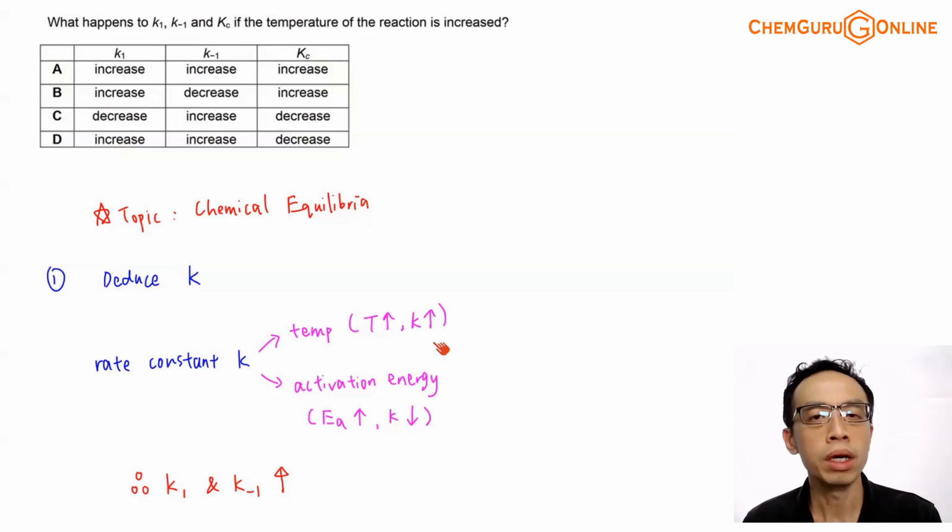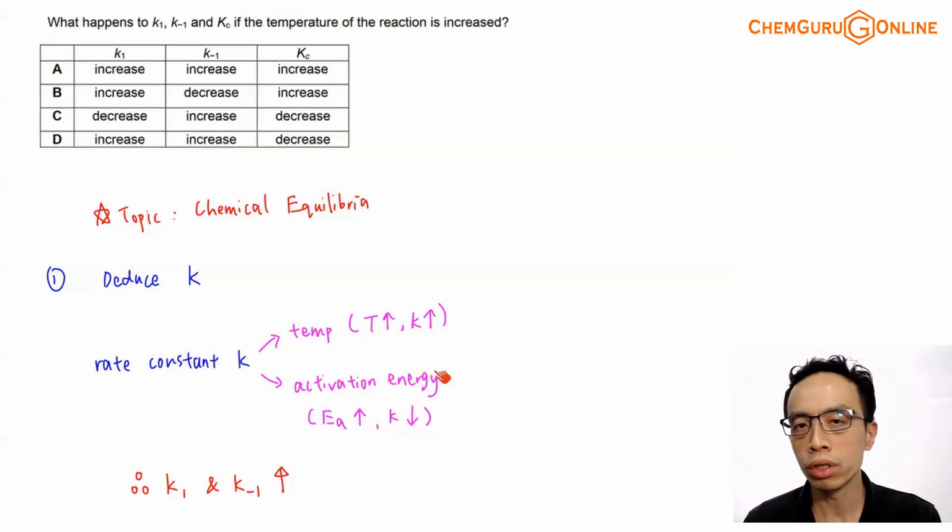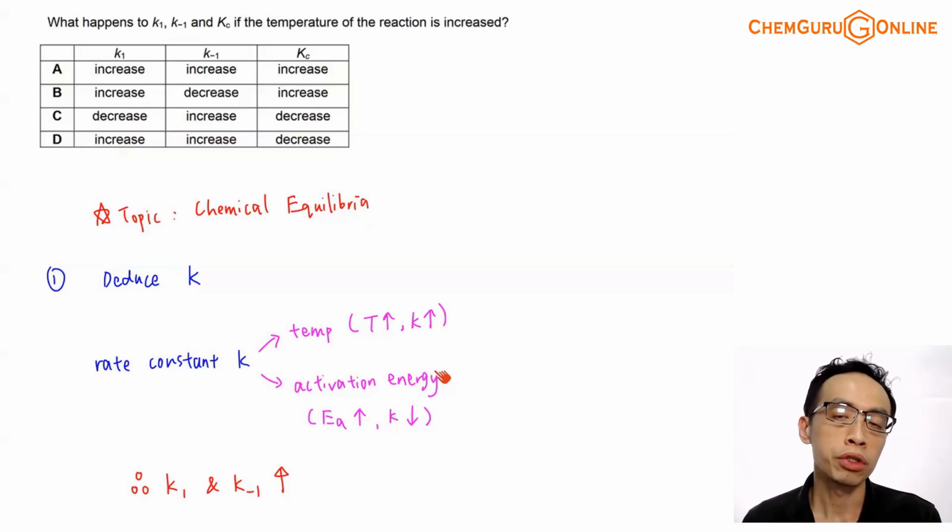Now, the other term that affects rate constant K is activation energy, the energy the reactants must possess in order to proceed to form products. If there is an increase in activation energy, the energy barrier to form product increases, so it reduces the rate of the reaction, and the rate constant K will go down. And what affects activation energy in CDBus? Usually we will consider adding a catalyst, and when I add a catalyst, there will be a decrease in activation energy.